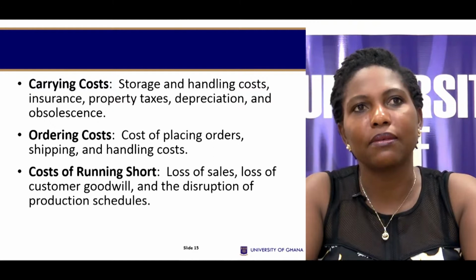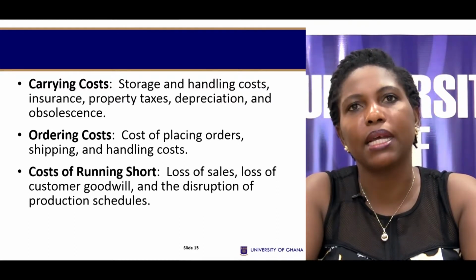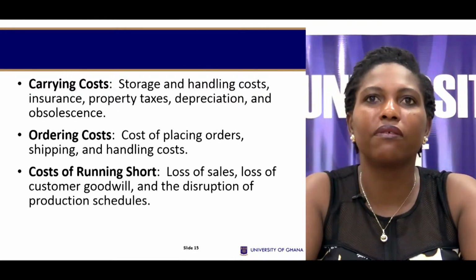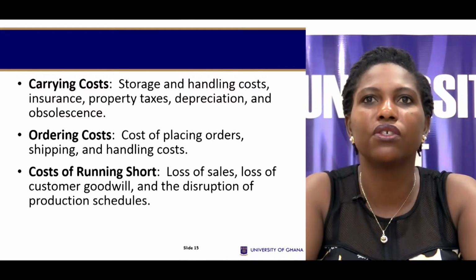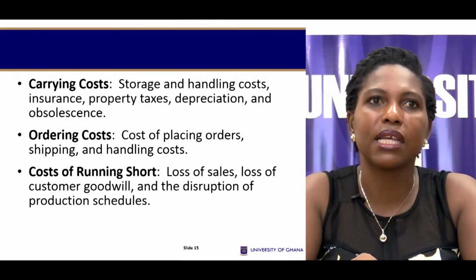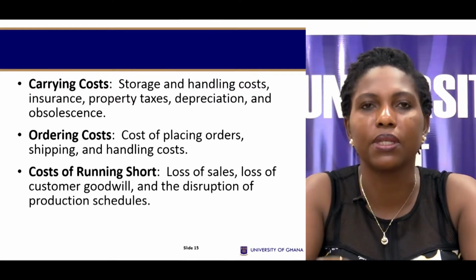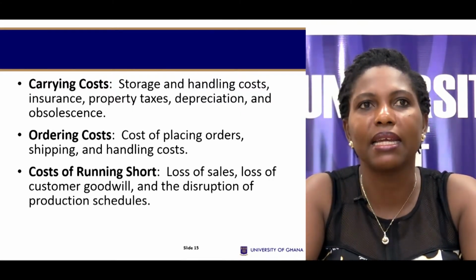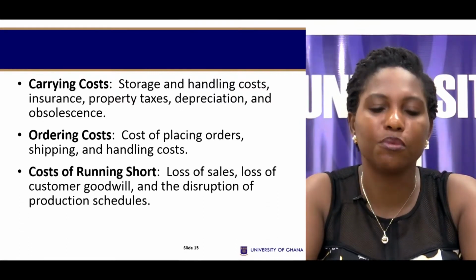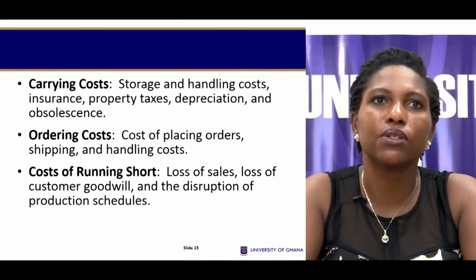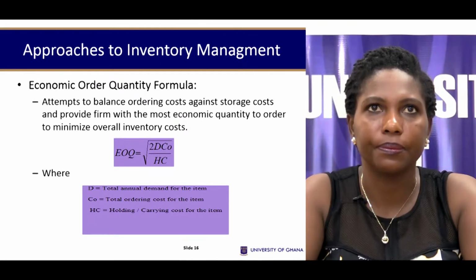Another cost that is relevant but normally not computed in the calculation of the models for inventory levels is a loss of sales, loss of customer goodwill, and the disruption of production schedules. These are normally not quantified but are relevant costs that need to be factored in making decisions on inventory levels.